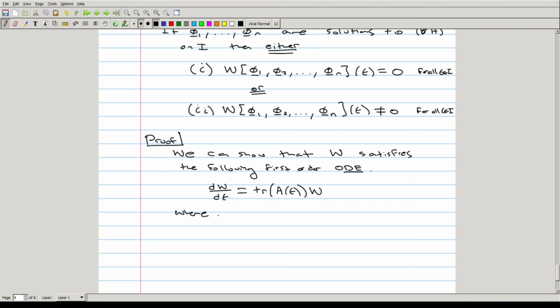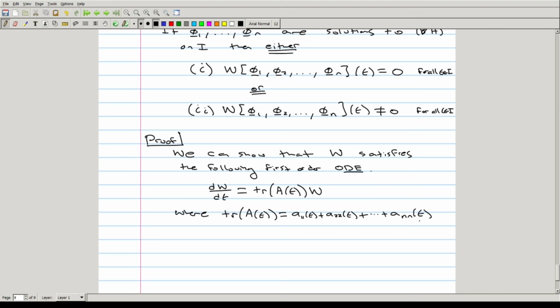where you'll remember from linear algebra that the trace of a matrix is the sum of the diagonal components of the matrix. This is A11 of t plus A22 of t plus up to ANN of t.